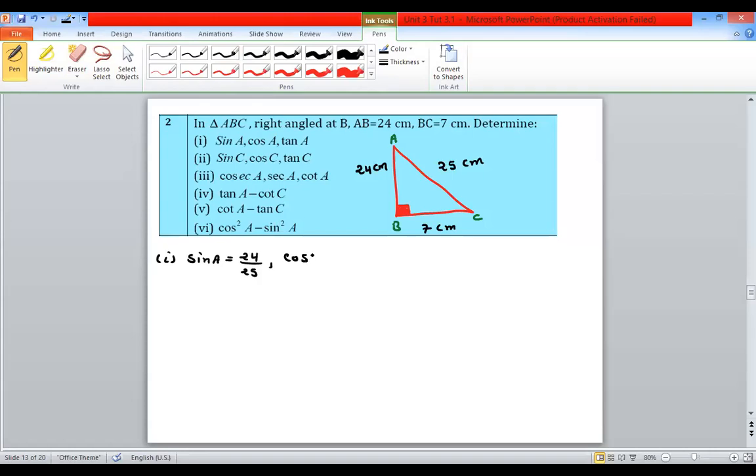Cos A is equal to, good, 7 upon 25. And tan A is equal to 24 upon 7. Good.